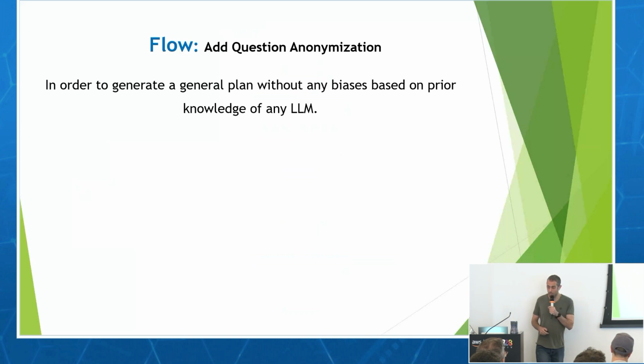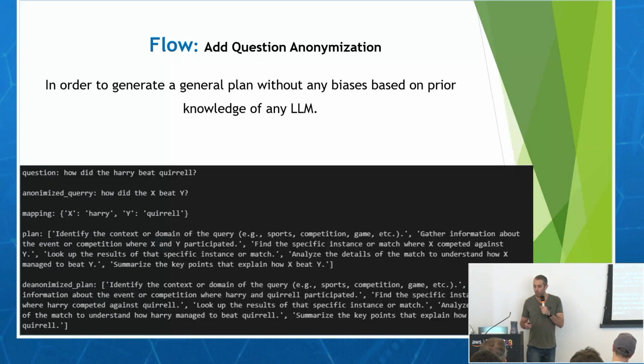Okay. Additionally, I added a question anonymization step that tries to generate a more general plan. Because, for example, if we have the question, how did Harry beat Quirrell?